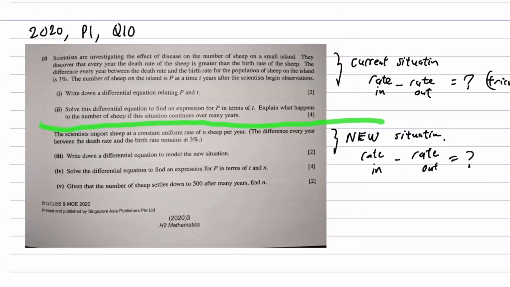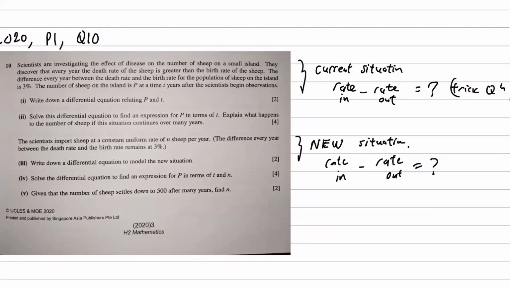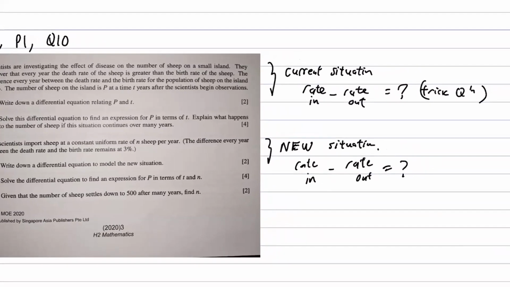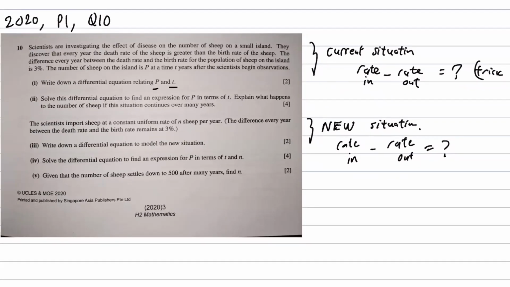Here, in the current situation, you know you must have rate in minus rate out, correct? But what's the ratio? I mean, d what over d what? What's the dependent variable? It's P, from here and here you can tell. So you need dP over dt. Can you tell me what is rate in and what is rate out?